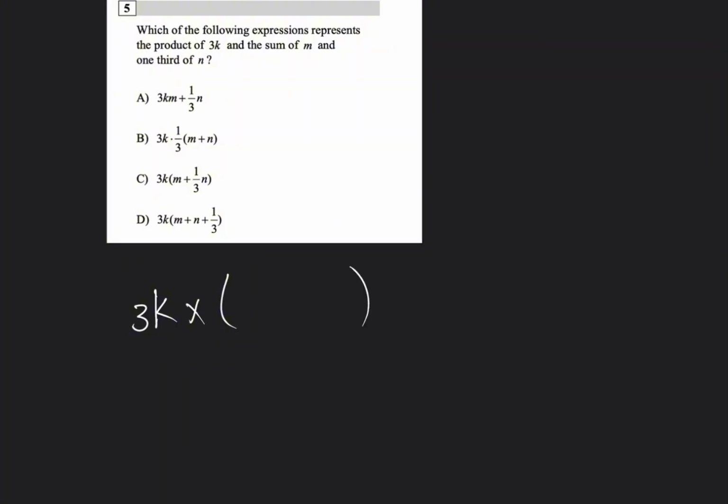Because of the sum, it's between two things. So the first one is m, the sum, and 1/3 of n. 1/3 of n, like 1/3, 1/2. Understood? So here the sum of 1/3 of n.